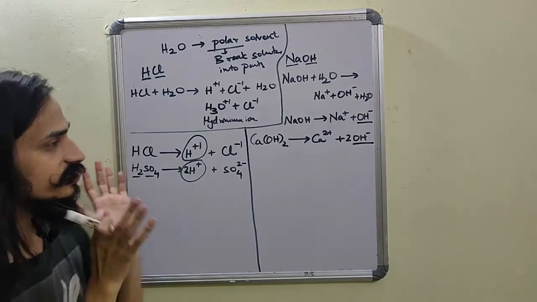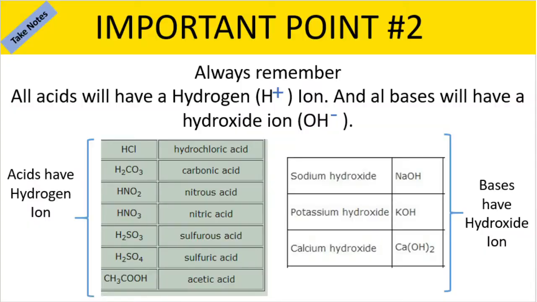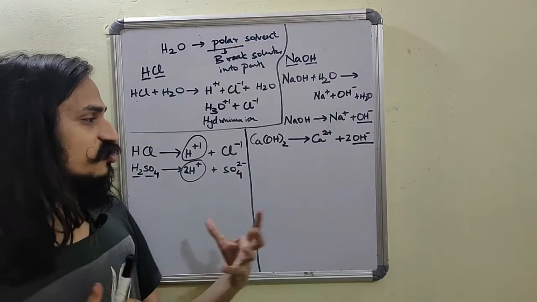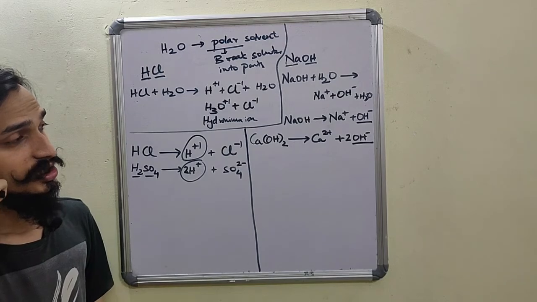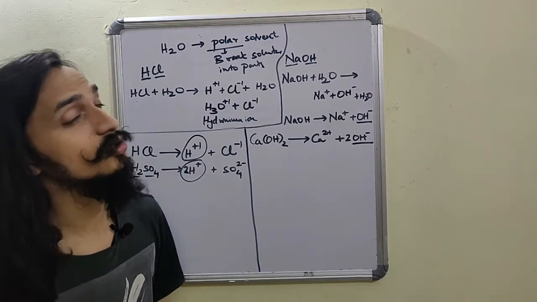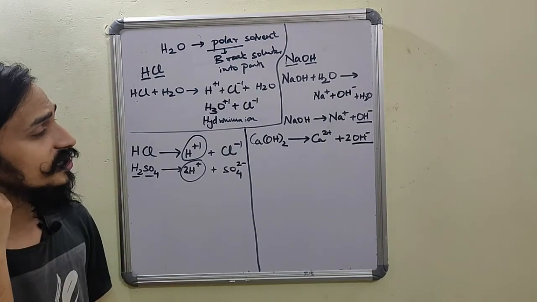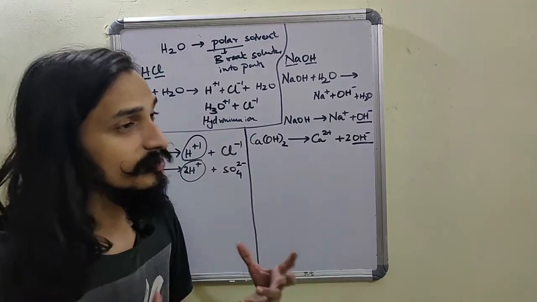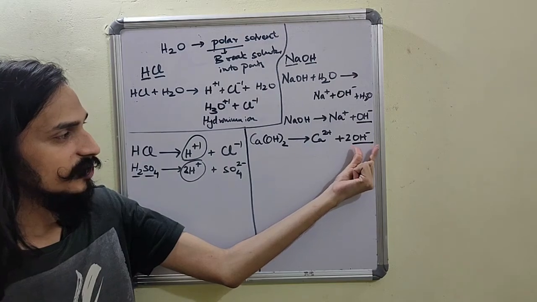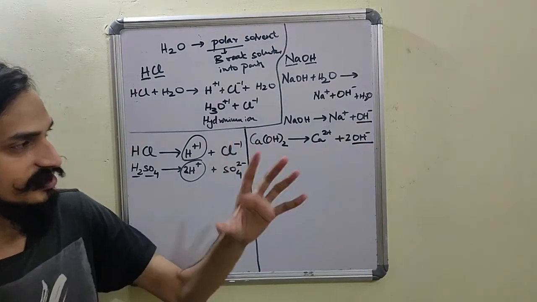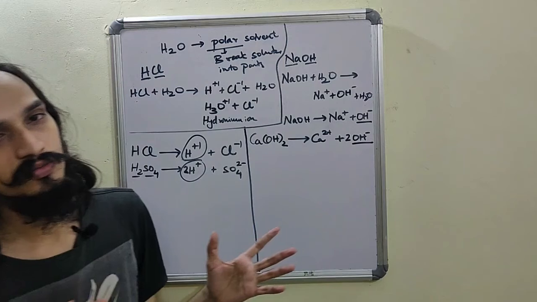H plus ions for acids, OH minus ions for base. Right, that's what gives them the strength. And also, since they have a charge, they also can help in current to pass. Okay, so later on you'll be learning that current passing is nothing but charge moving, right? And because this is a charge, or has a charge, it can help current to pass through.